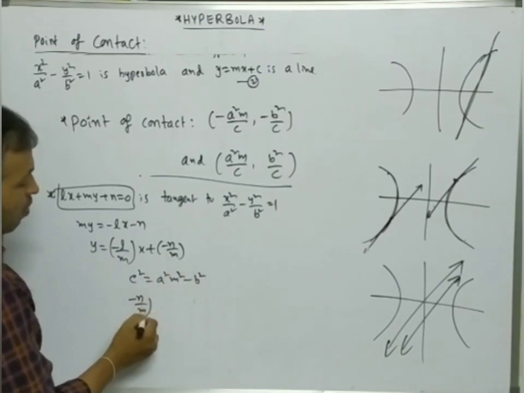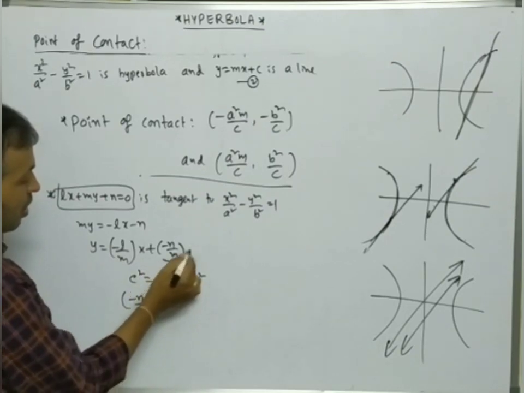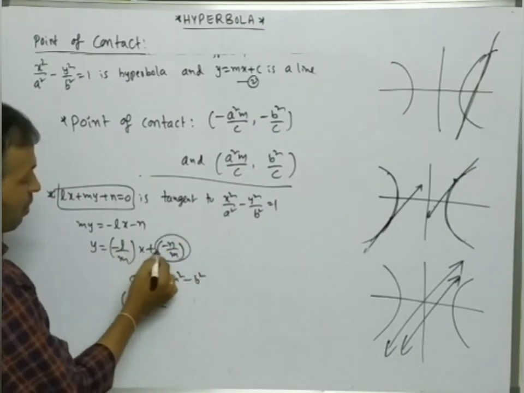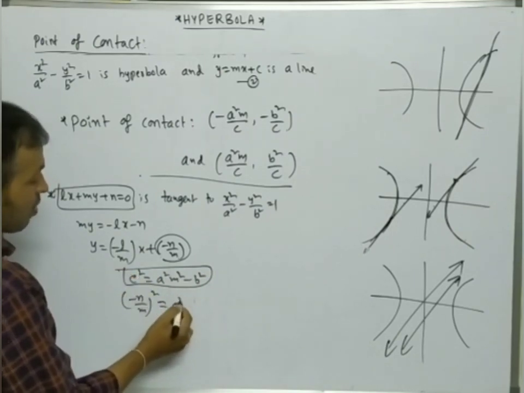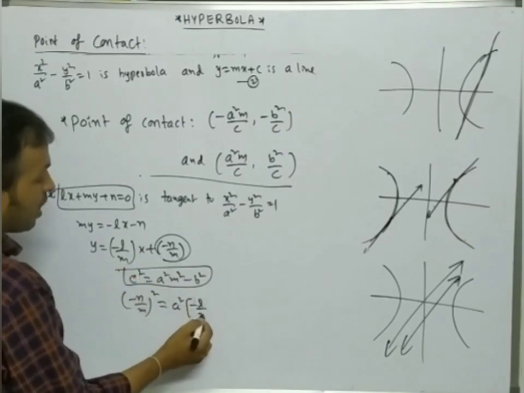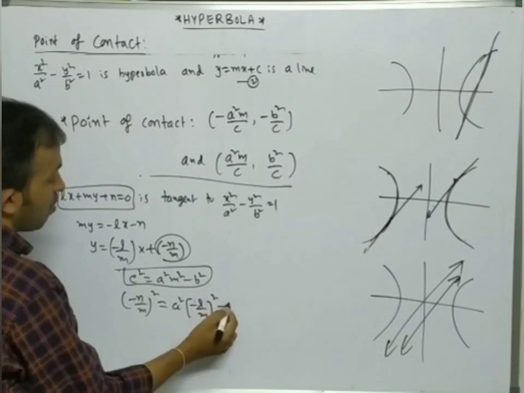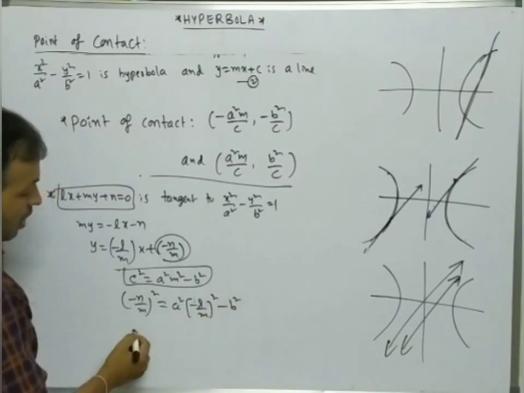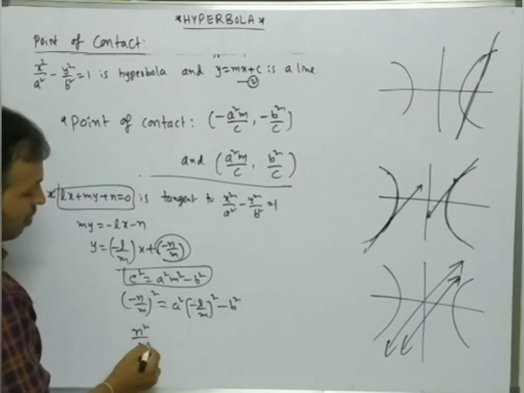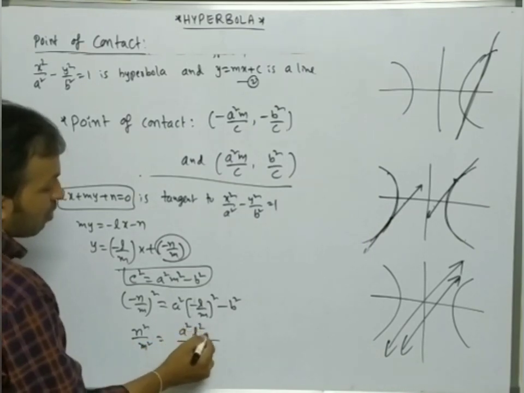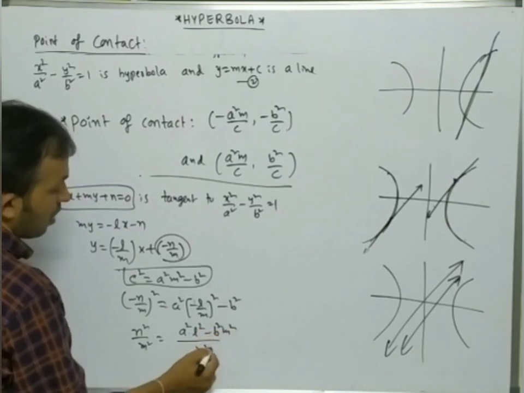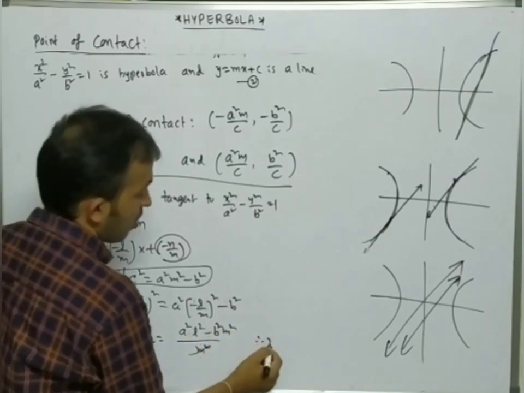So minus n by m whole square is equal to a square times minus l by m whole square minus b square. Finally n square by m square, taking m square as LCM, a square l square minus b square m square. M square cancels.